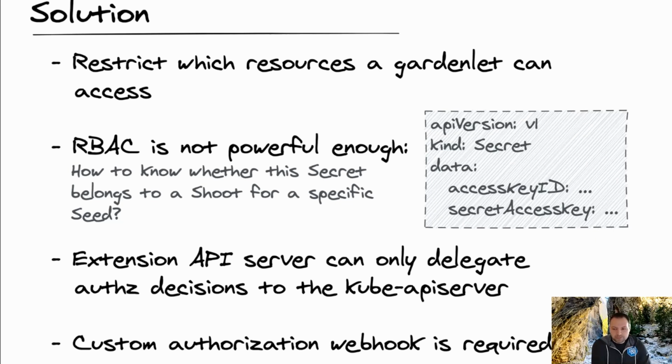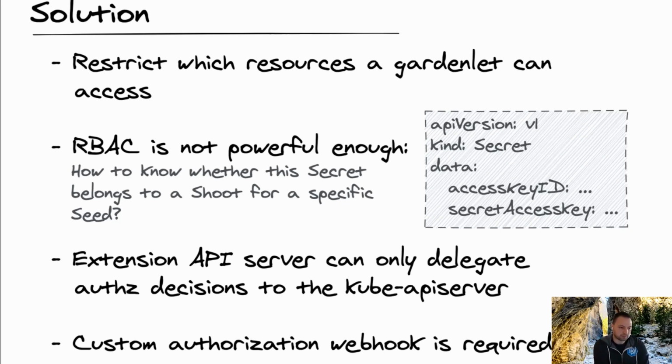And the typical solution in Kubernetes is RBAC, which for our use case is not really the right way. So I've depicted here a secret on the right side, which contains some AWS credentials. And now if somebody wants to read this secret, it's not really obvious in the first place whether it belongs to a shoot that also belongs to an AWS seed.